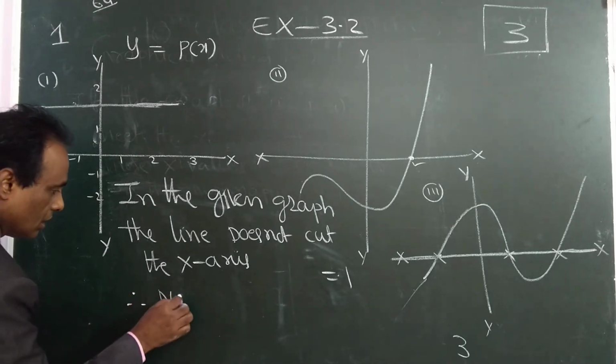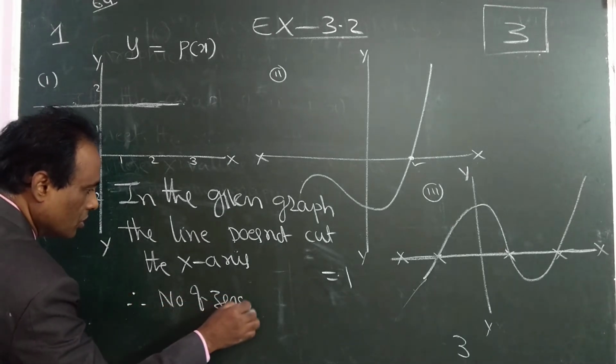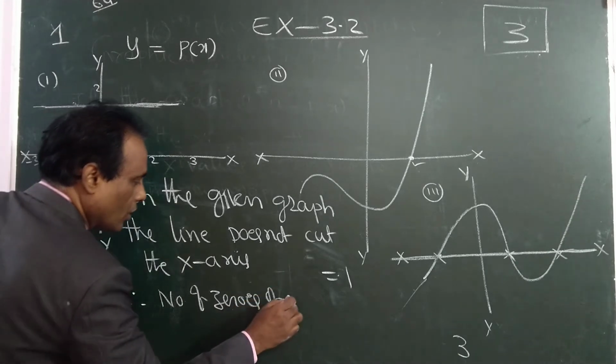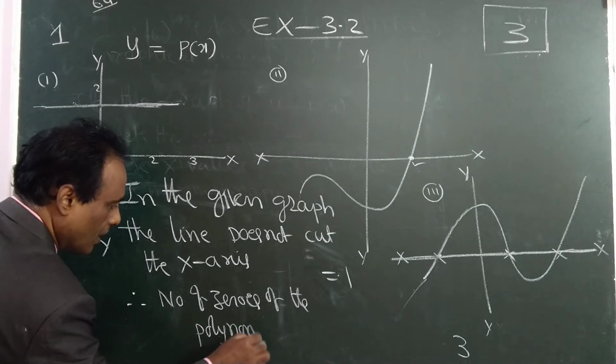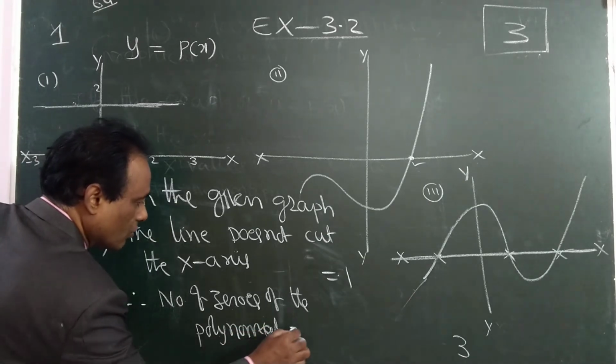Therefore, the number of zeros of the polynomial is equal to 0.